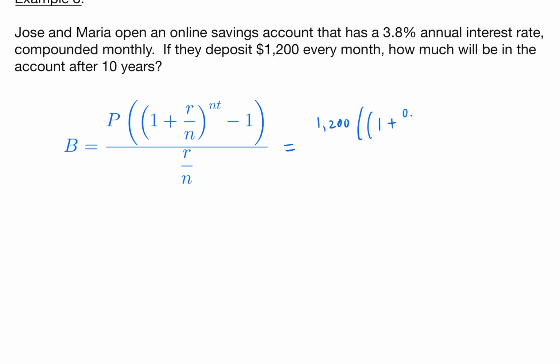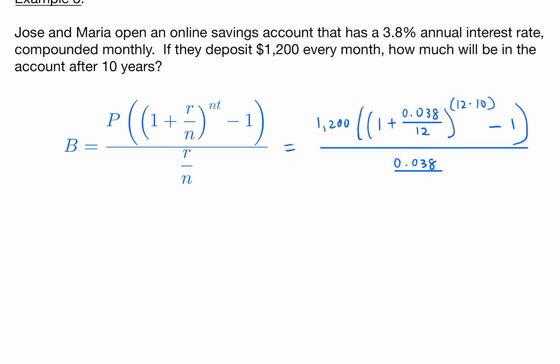so that works out to 0.038 in decimal form. This is compounded monthly, so the compounding frequency is going to be 12, and that's going to be raised to the 12 times 10 years, minus 1, all divided by the rate, which is 0.038 in decimal form, over n, or the compounding frequency.